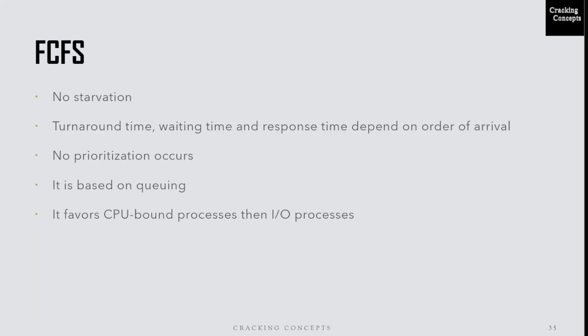The lack of prioritization means that as long as every process eventually completes, there is no starvation. In an environment where some processes might not complete, there can be starvation. This algorithm is based on queuing and it also favors CPU bound processes over IO processes.